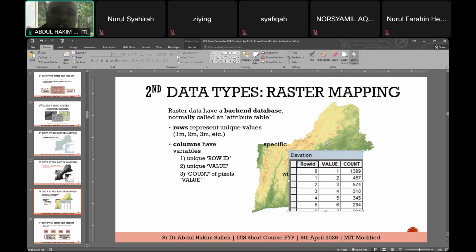So this is how a raster back-end database is explained. Okay, it is not manually input.